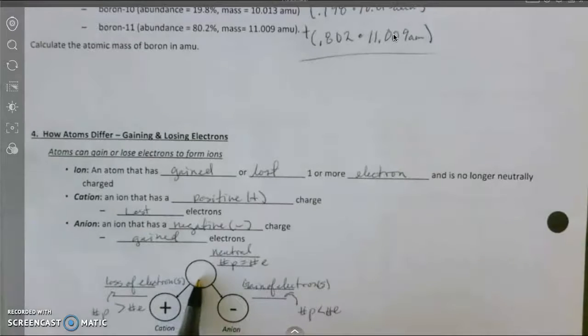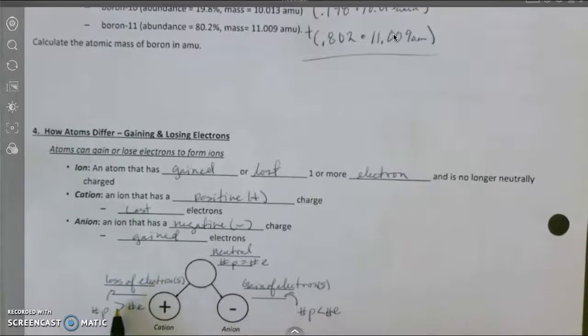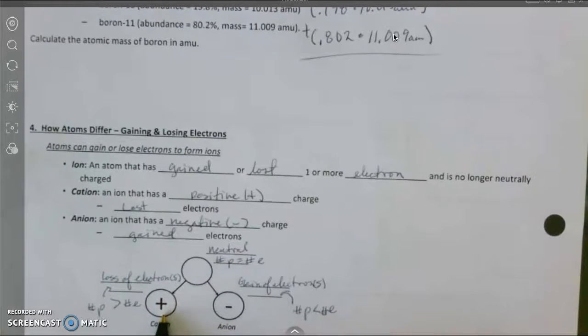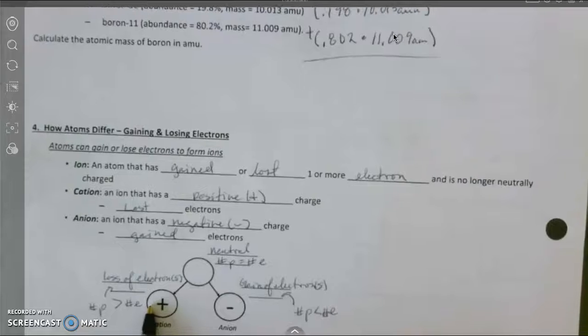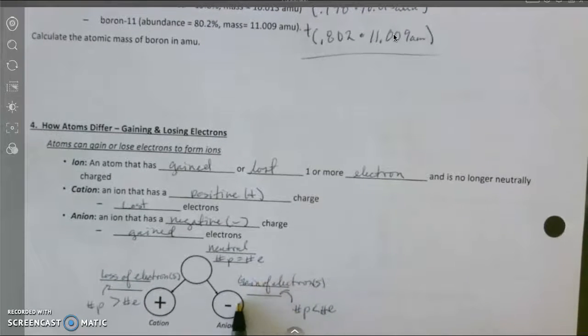Now, if instead of gaining the electron, I lost an electron, now my number of protons is greater than my number of electrons. So I have more positive charges than negative charges, which would make the overall charge positive, and that's called a cation. So loss of electrons results in a positive charge. Gaining of electrons results in a negative charge.